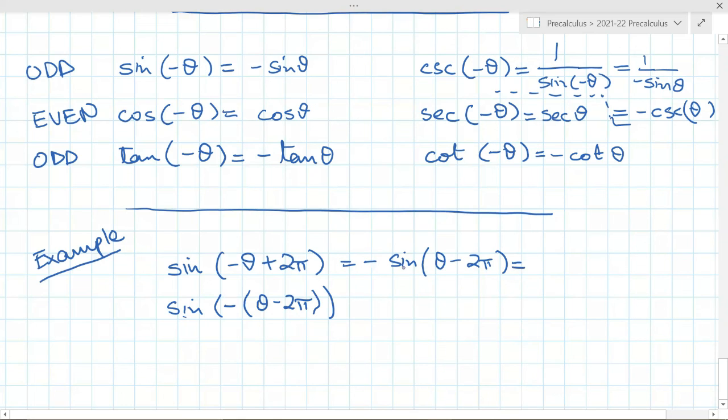Because you know the periodicity of sine is 2 pi. That means this is just shifting by one period, right? So that would just be negative sine theta. Negative is already there. Sine of theta minus 2 pi is just sine theta, we know, because you can shift it left or right by the period any number of times and it's not going to change. Right? So I'm kind of combining the two concepts of the periodicity and odd and even in this particular example.